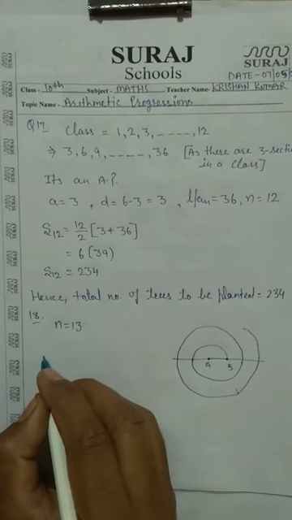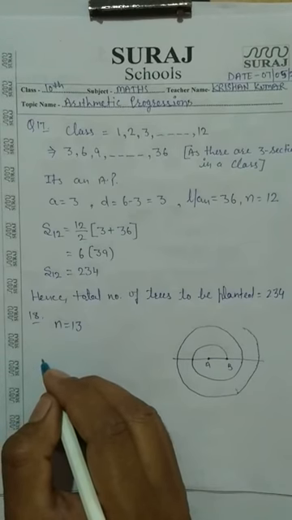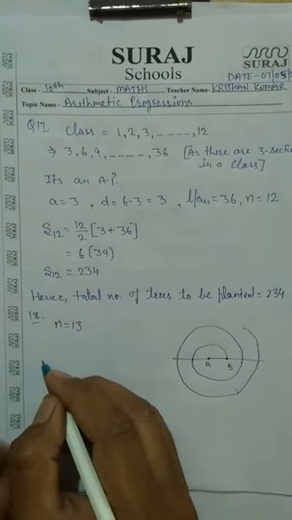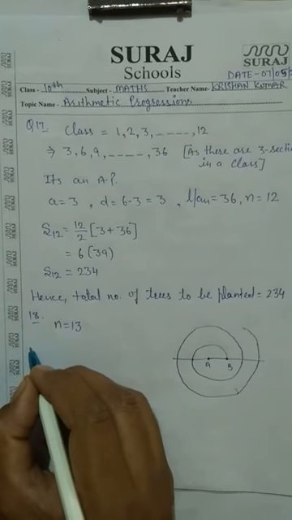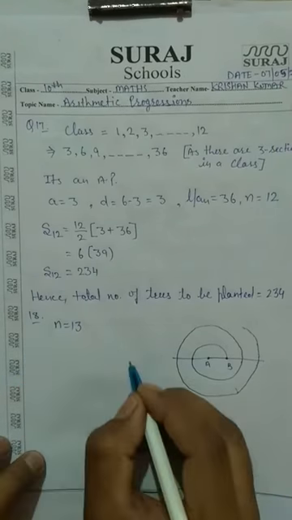L is the length of a semicircle, because the sum says find the length of a spiral made by semicircles, so we need to calculate the length of a semicircle. So beta, here we find the circumference of a semicircle.